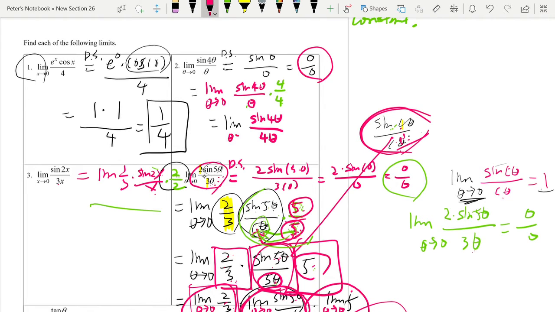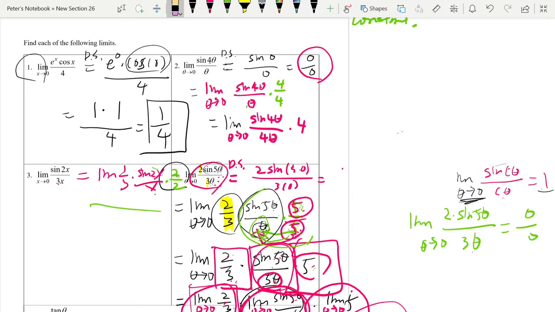As theta approaches 0, but you also have 4 over there. And this is even simpler than that guy, right? So now you have limit of sine of 4 theta over 4 theta as theta approaches 0 times limit of 4 as theta approaches 0.